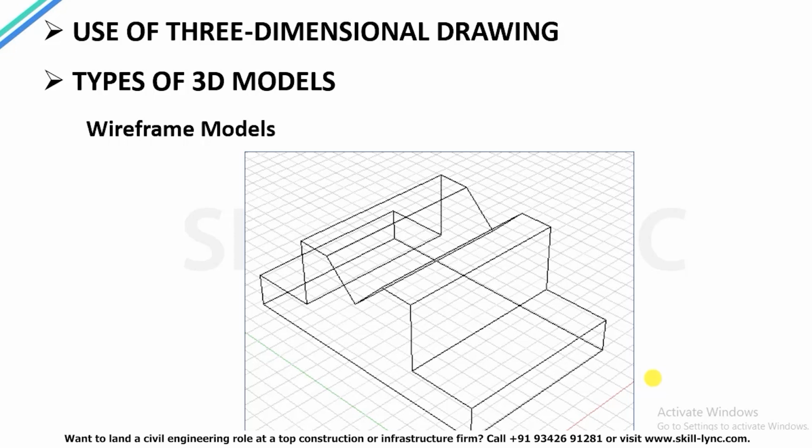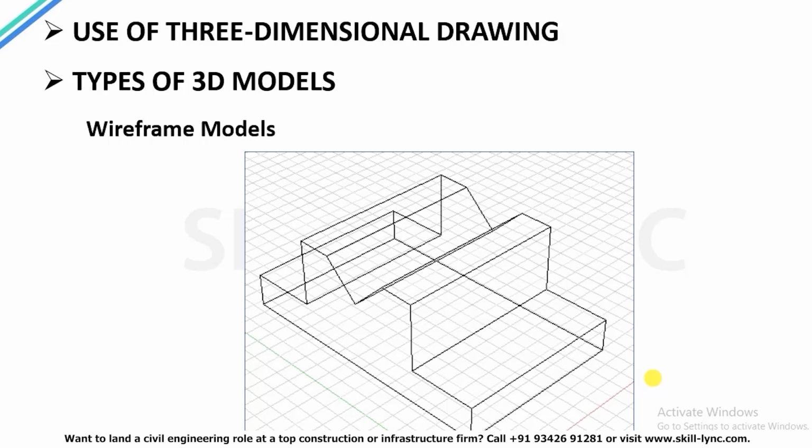So 3D modeling is very interesting for civil engineers, architects and designers who want to visualize the end product: how my building is going to look, how my structure is going to look, and then extract various kinds of information.